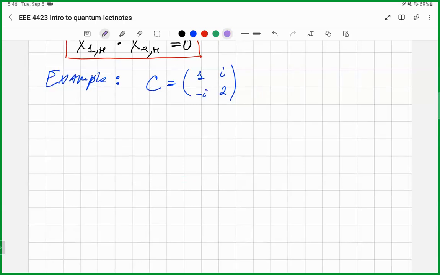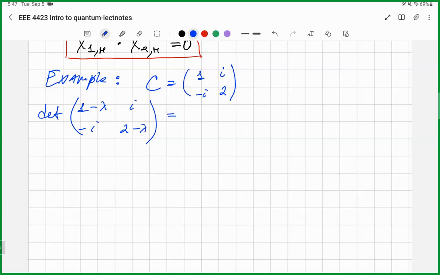To do so, we write the determinant of the characteristic equation. I skip the formation of this matrix, so it's (1 minus lambda), then i, then minus i, and then (2 minus lambda).